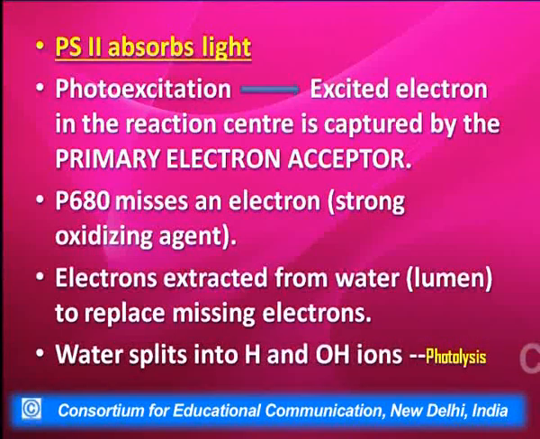So, this will happen only in the presence of light. You can imagine it is electrolysis in the presence of light. There is no electric current, but it is the solar energy or light energy.